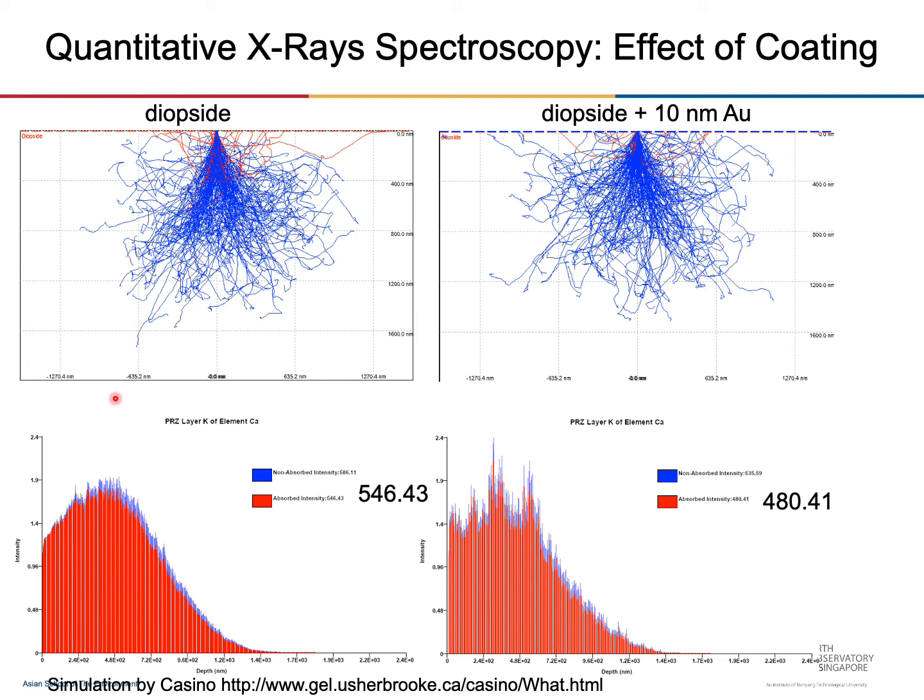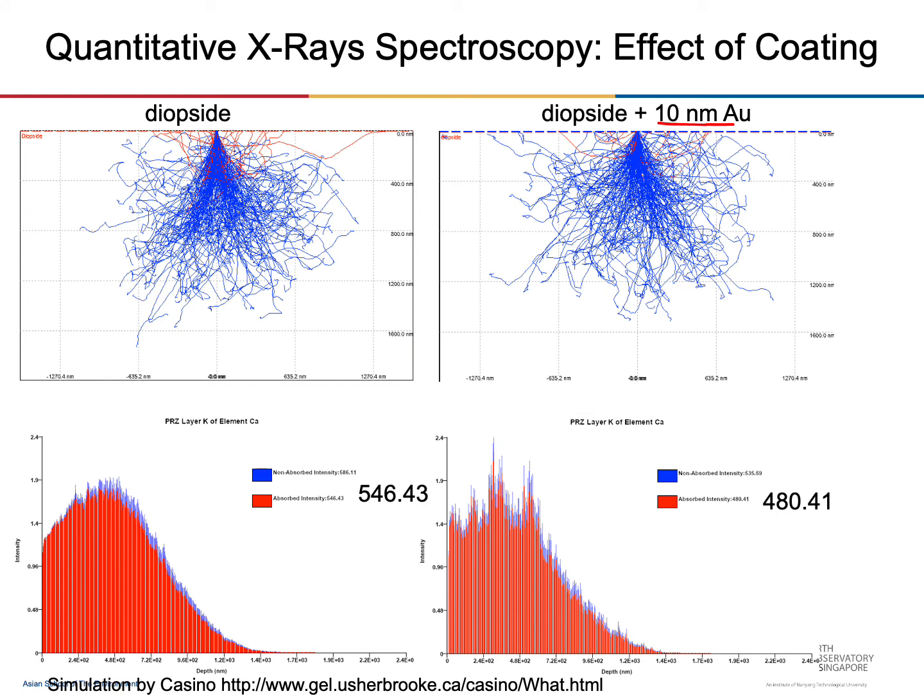So what we do normally is coat the sample with conductive layers. Sometimes we use gold, and most of the time here we use a carbon coating. I would like to emphasize that adding the coating on the sample reduces the number of X-rays that are detected.